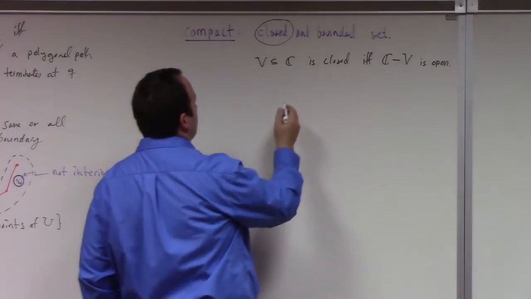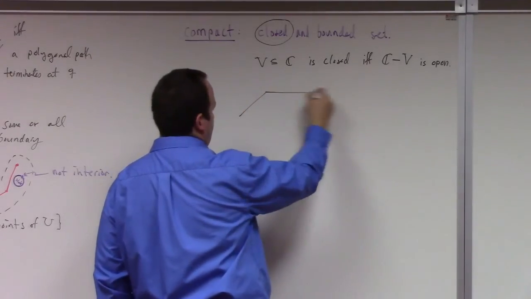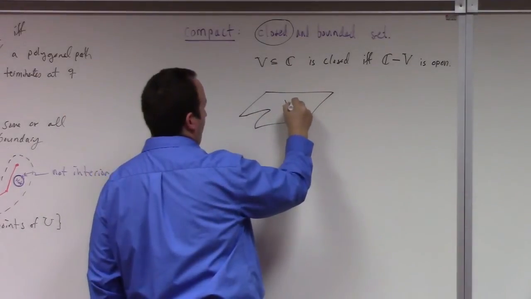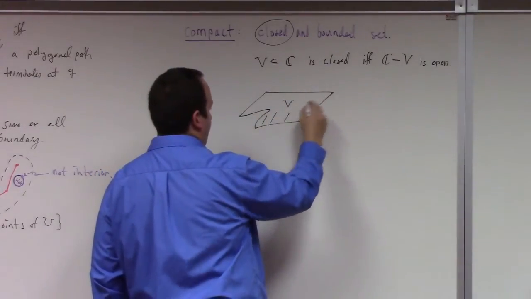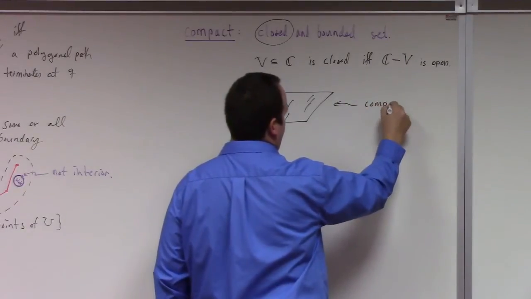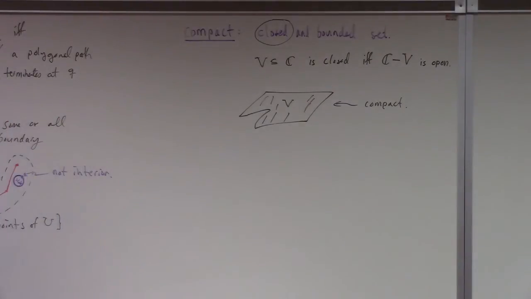So anyway, for example, if you had this set, this would be compact because it's closed because it has all of its edges, right?